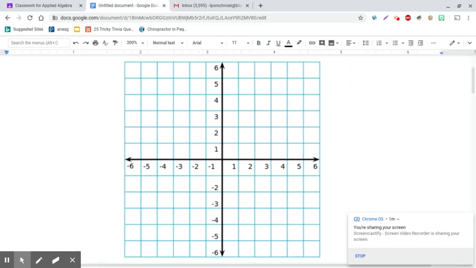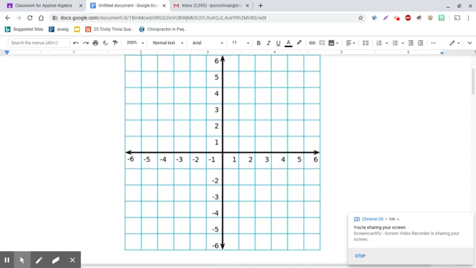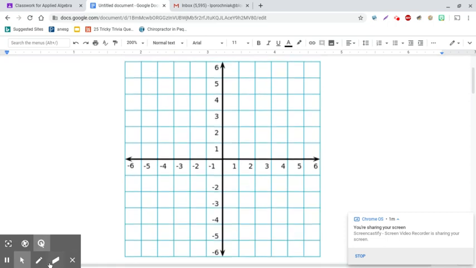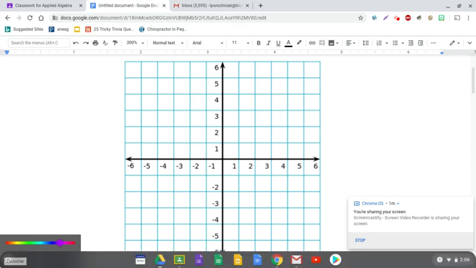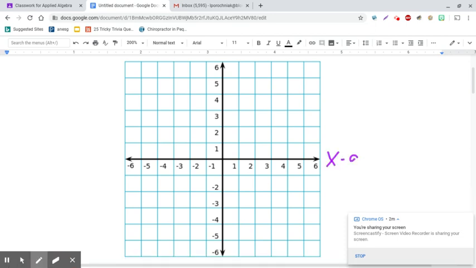All right, so now we are going to look at a graph. If you guys remember, this is your x-axis, right? And up and down is your y-axis. All right, your x is your horizontal, your y is your vertical.